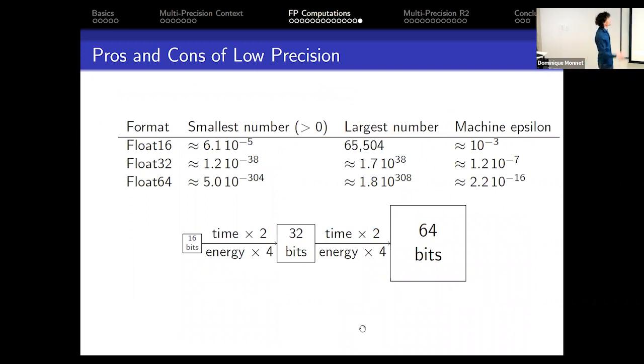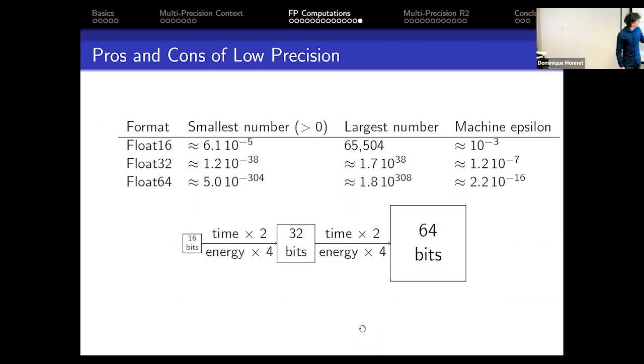And these are the three floating point formats we're going to play with in the rest of the talk: float 16, float 32, float 64, which are floating points represented on 16, 32, and 64 bits. So here you have the greatest number, the smallest number, and the machine epsilon of the floating point formats.